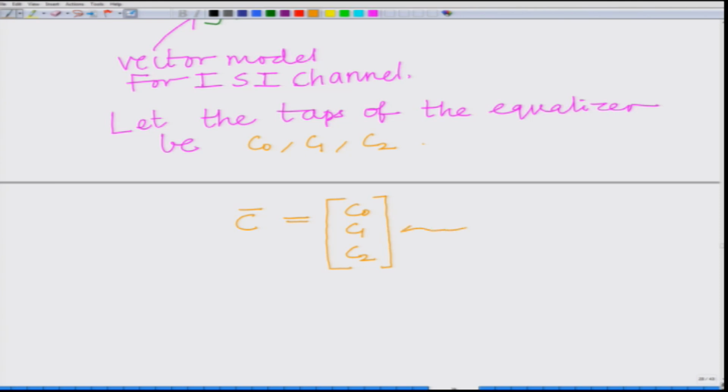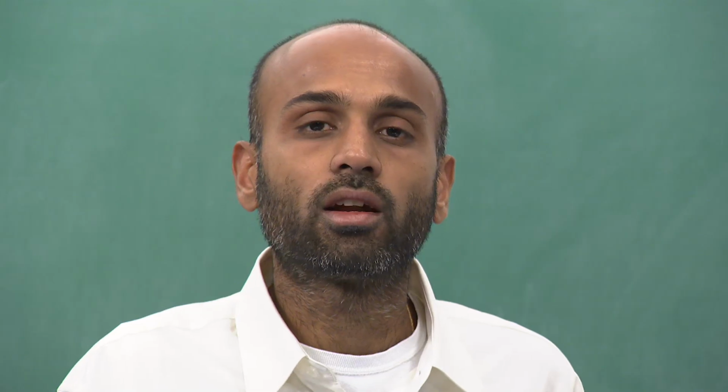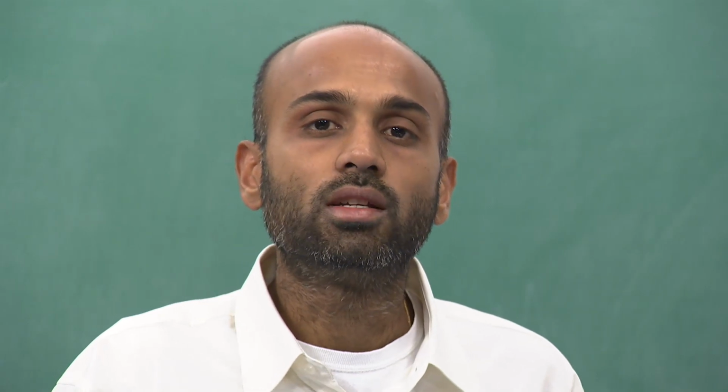This is also your equalizer vector. What is the equalizer vector? That is an r dimensional vector which has the taps of the equalizer. Since we are considering a 3 tap equalizer, we have C0, C1, C2. These are the 3 taps.